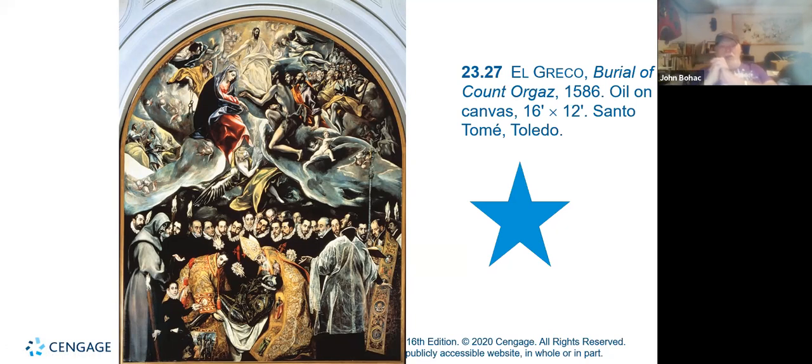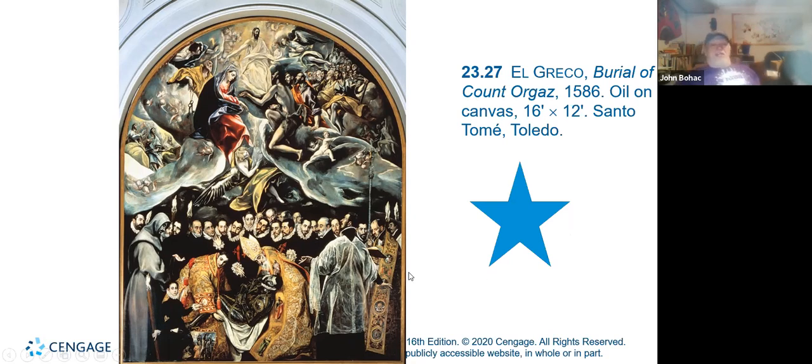This is probably, if it's anything like the High Renaissance, it probably took a few hints from Michelangelo's The Last Supper, where the space is kind of confused. The central point, again, would be right there. This is not the focal point. We see all of this, what you would call busyness.